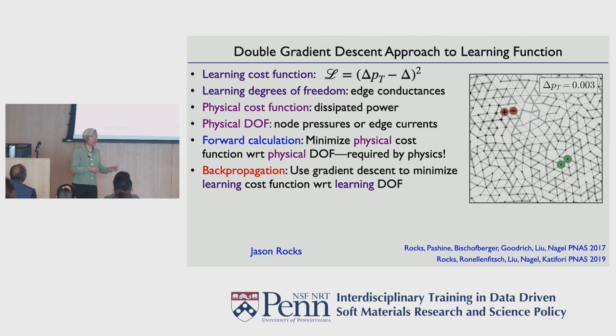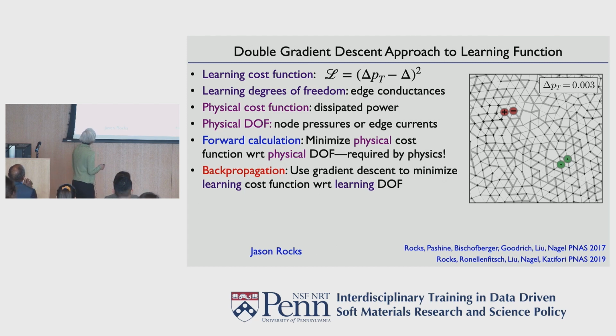And because it's a physical system, there are physical constraints that must be obeyed as well. In particular, you need to minimize the power so that you get Kirchhoff's law satisfied at each node, no net current at every node. You have to have that.